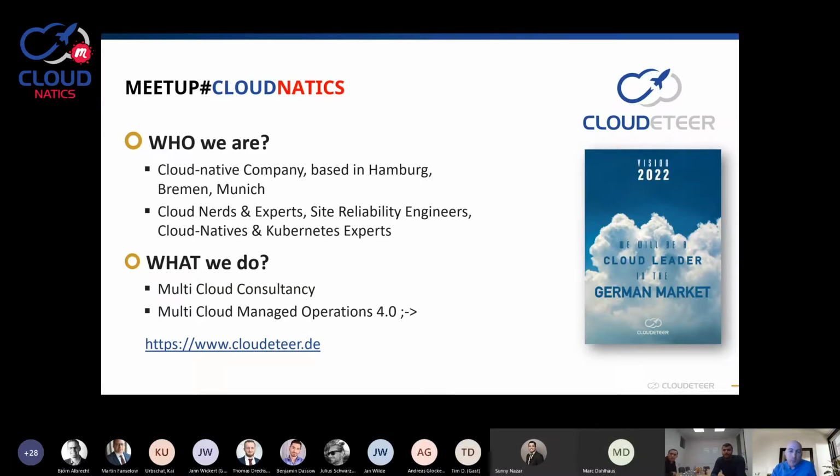What we do basically is provide our customers with holistic multi-cloud consultancy and managed cloud services. At this point, this shall be everything as an introduction. Further information can be found on our website. And so I would like to hand back over to you.